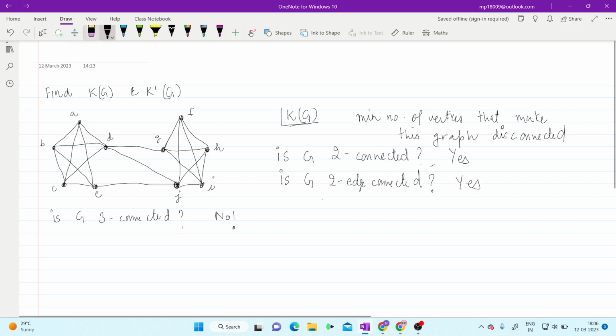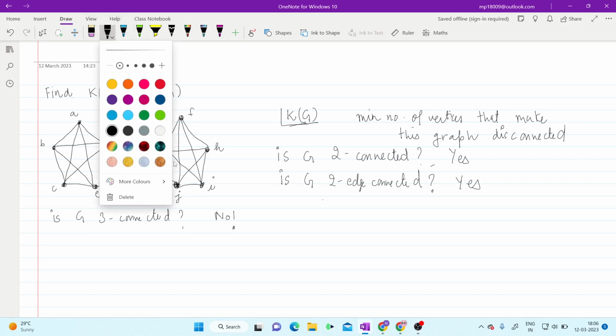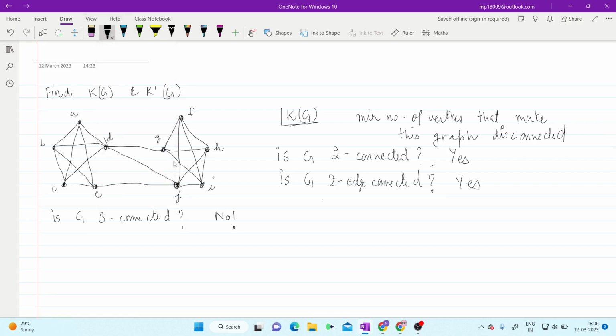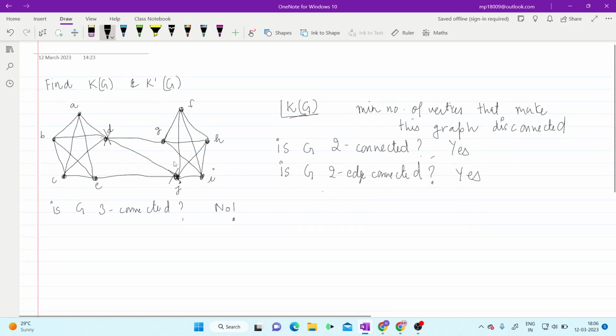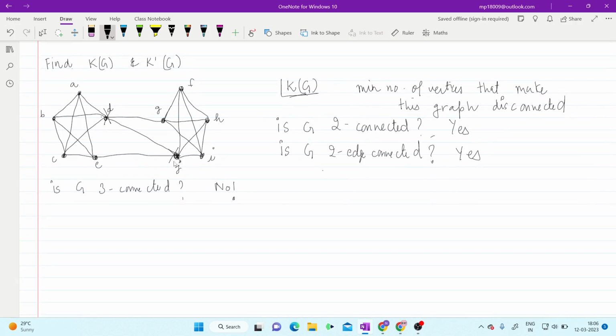Okay. So if we remove D and J, let's see. If you are removing D and J, do you think this graph is becoming disconnected? If we are removing D and J, the graph is this.